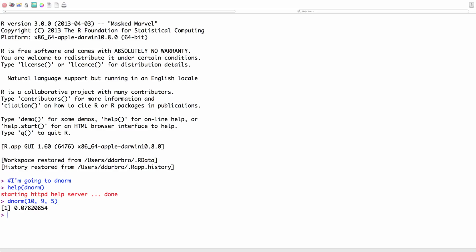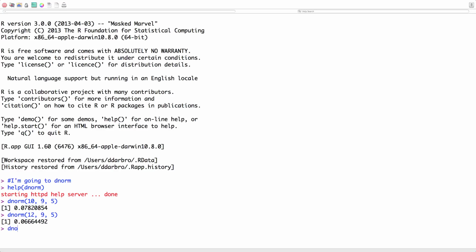In this case, I get 0.0782. All right, next thing I want to do is calculate the value for 12. And I get 0.0664.